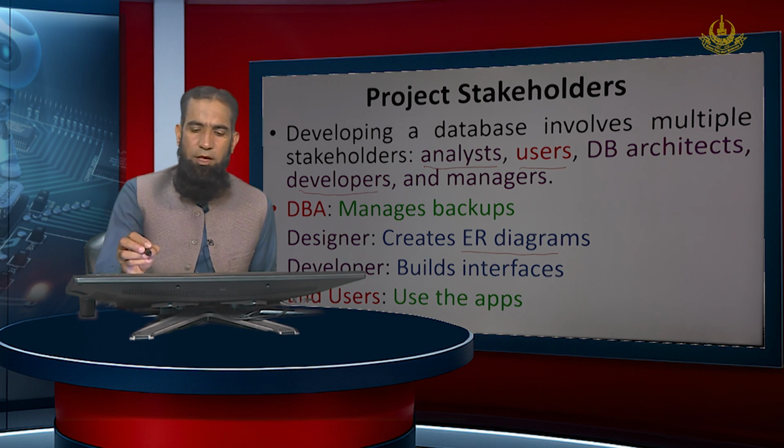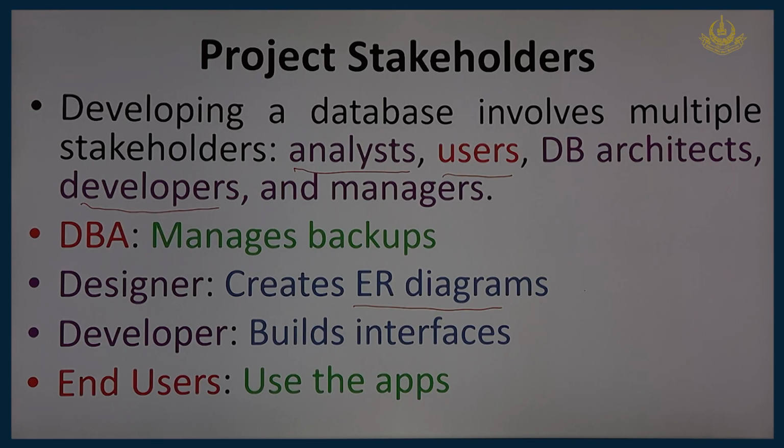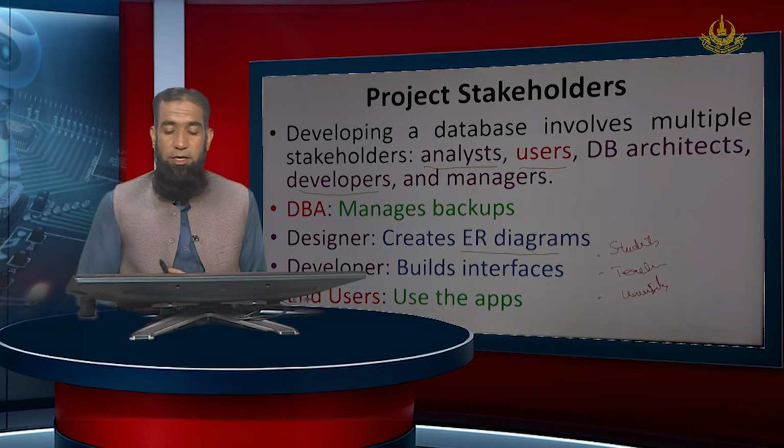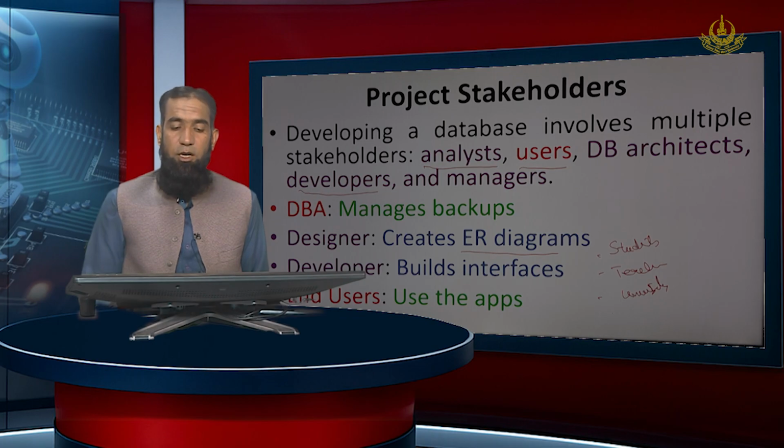For example, in the above example, students are entities, teachers are entities, and the university administration is also an entity. So all these are entities, and about these things we are going to store data. End users use the applications through different interfaces.